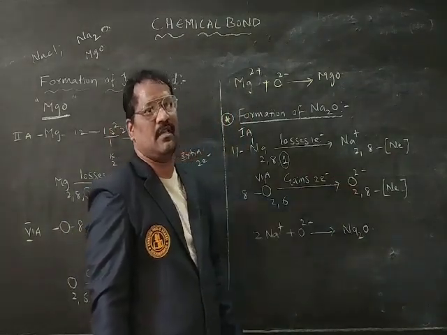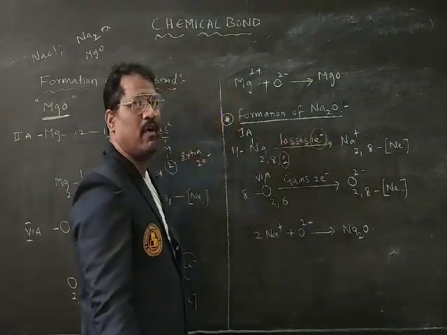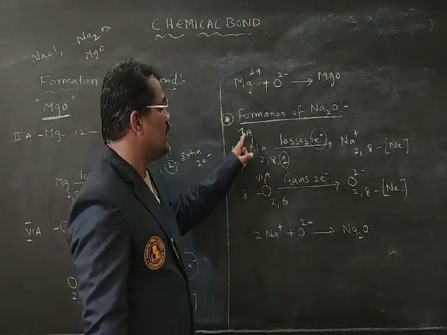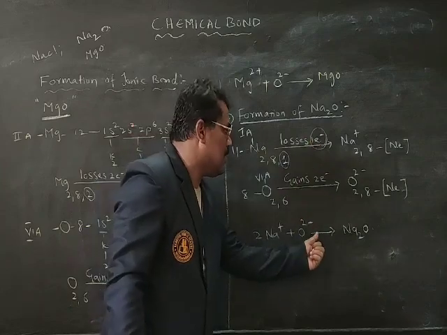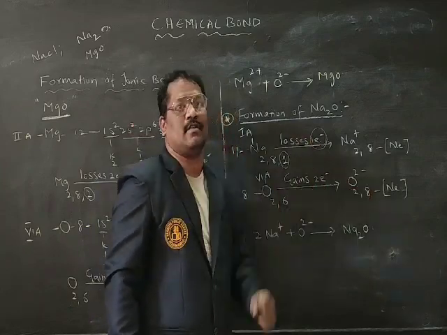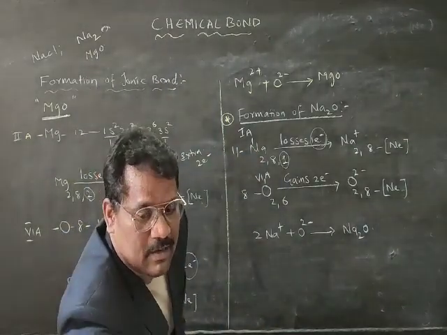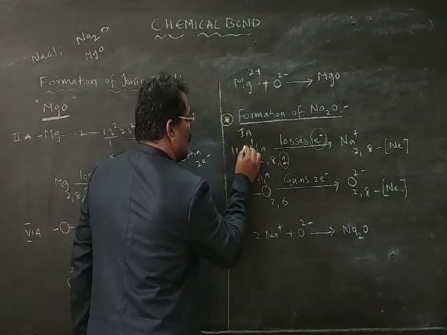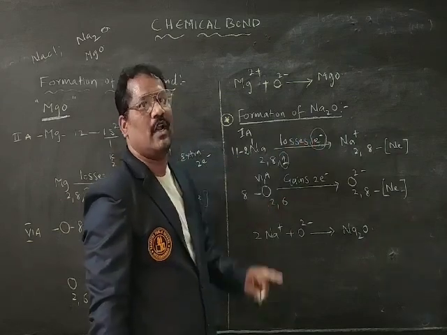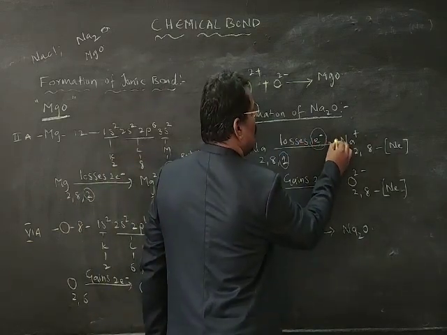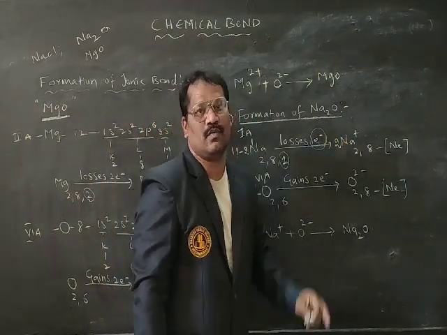But in this particular concept, sodium is losing only 1 electron. A point we have to keep in mind. Sodium, as it belongs to first group, loses only 1 electron, but here oxygen requires 2 electrons. Therefore, I have to take 2 atoms of sodium. Each individual atom loses 1 electron, but as there are 2 atoms of sodium, 2 electrons will be lost. 2 into 1 is equal to what? 2.